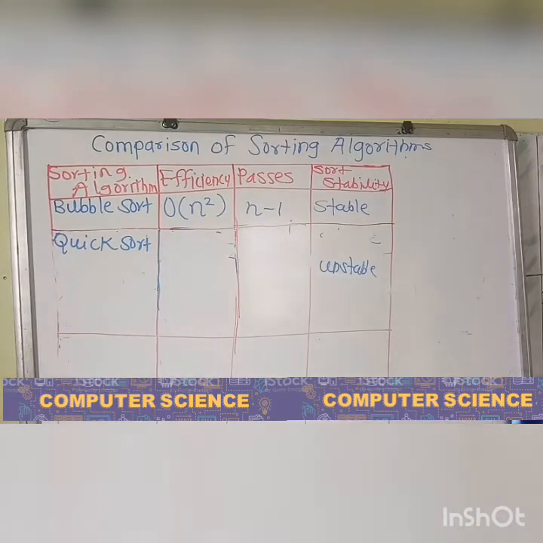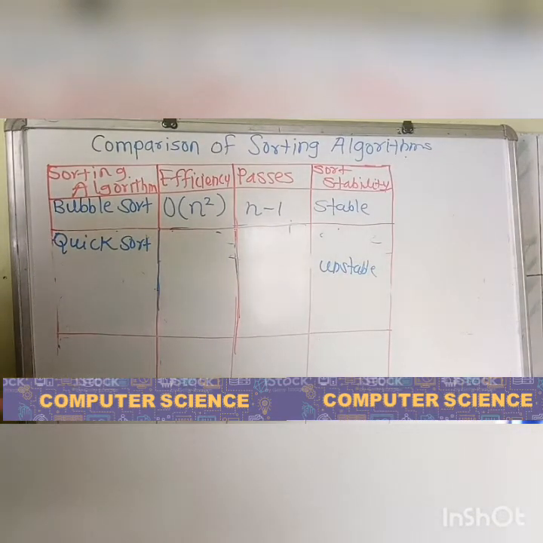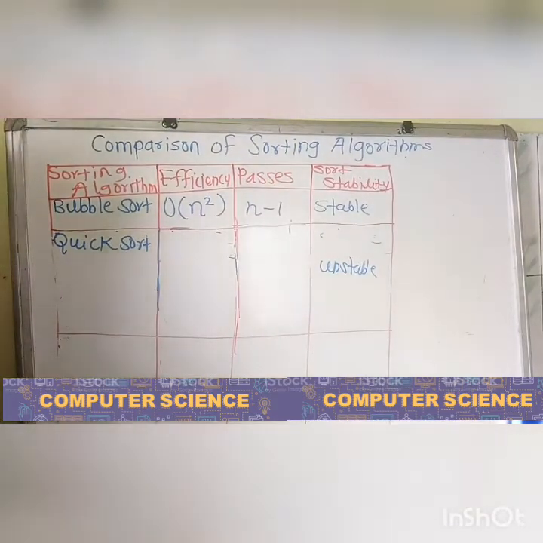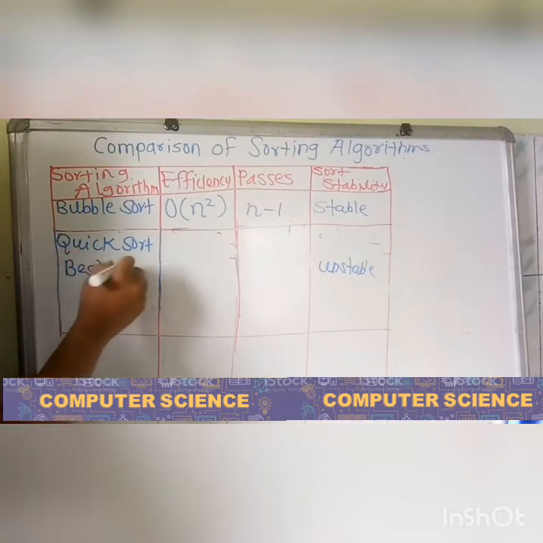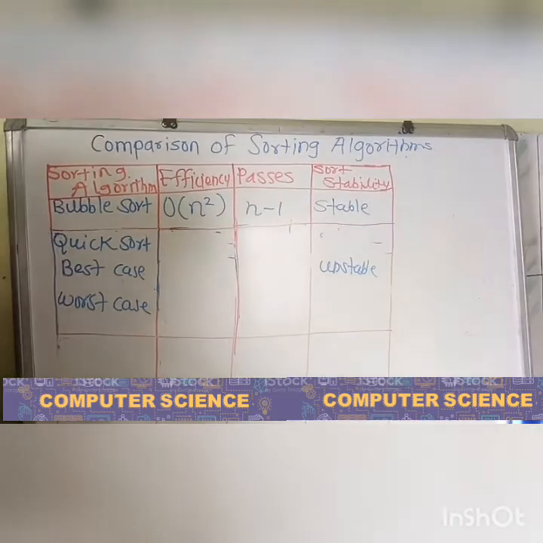Because its behavior changes tremendously and drastically for different cases, so it is termed an unstable sorting algorithm. As it is unstable, means it will change its cases, we will compare it by using two cases, that is the best case and worst case.